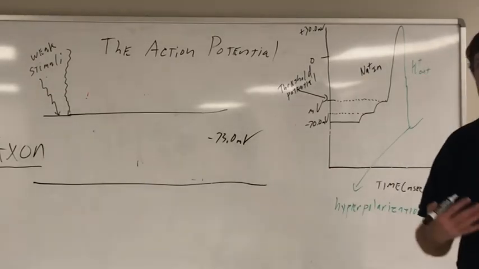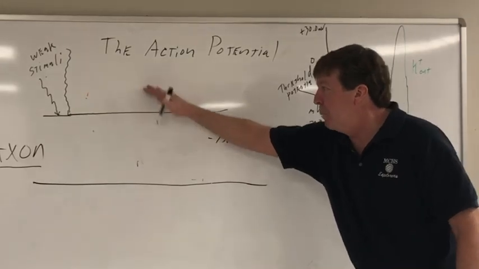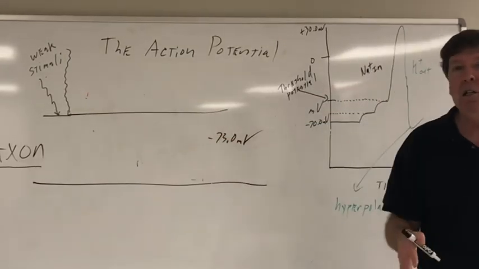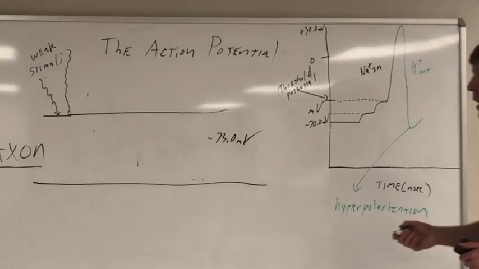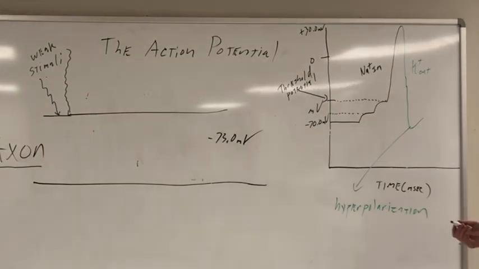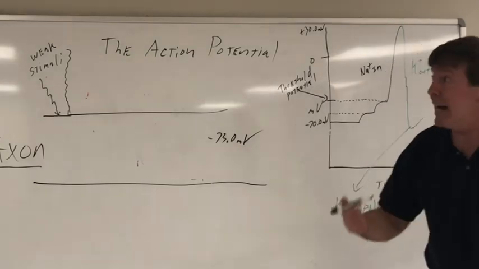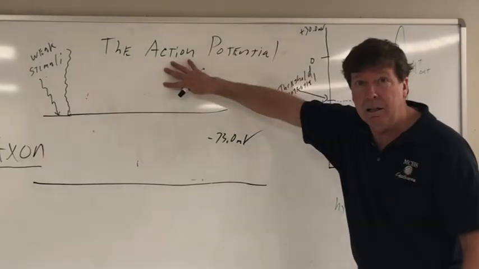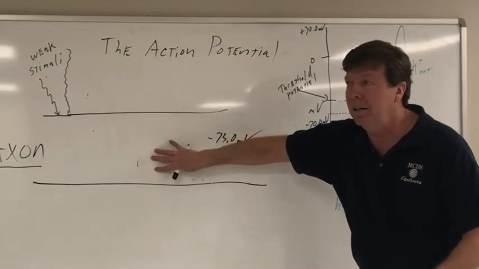So if you look at your notes, I said to originally write down my original concentrations here, and you should see that something's happened. We've reversed the original concentrations of the sodium. Originally high sodium on the outside, originally high potassium on the inside.